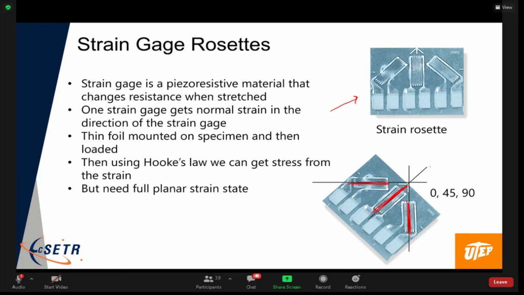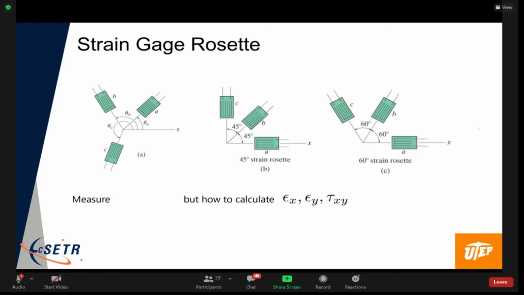I guess you could also consider this plus or minus 45, 90 as well. There are other ones. Here's one that's, again, 45. This is like what we showed in the previous slide. There are also ones that are offset by 60 degrees. So there really is no preferred orientation.